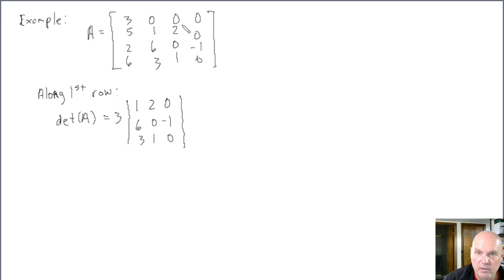And then all the other terms are 0 in this first row. So I have plus 0 times the corresponding determinant plus 0 times the corresponding determinant. So that cofactor expansion just reduces to this single term. Again, I can greatly reduce the amount of work by looking for any row or column that has a lot of zeros. I need to find the determinant of this 3x3 matrix.